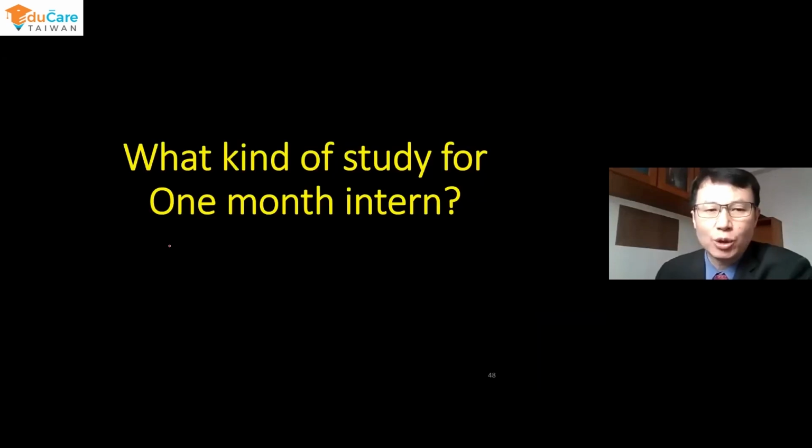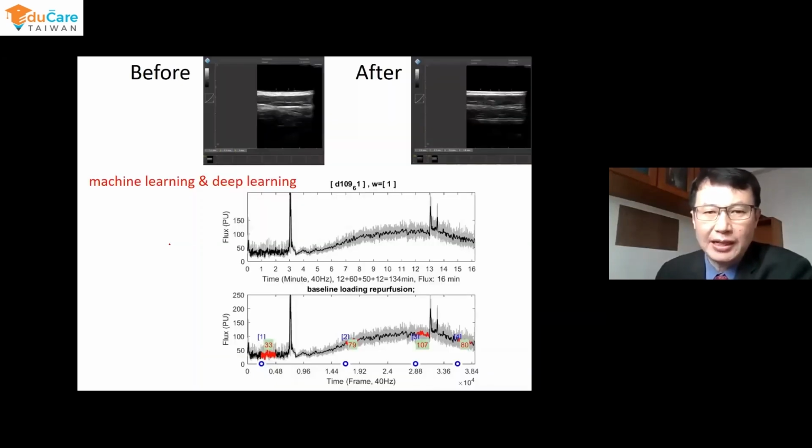If you are interested, maybe you can check our YouTube, and I think that will be easier for introducing myself. So what kind of study is there for the 1 month intern? Right now we are trying to use cupping. You will see the cupping before and after, and the ultrasound soft tissue is totally different. So we have the microcirculation value here.